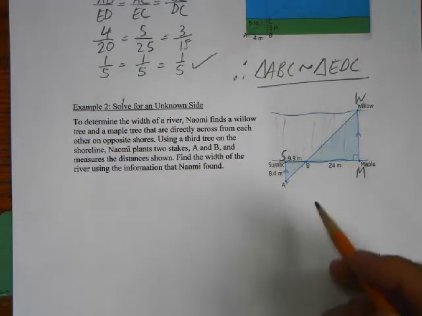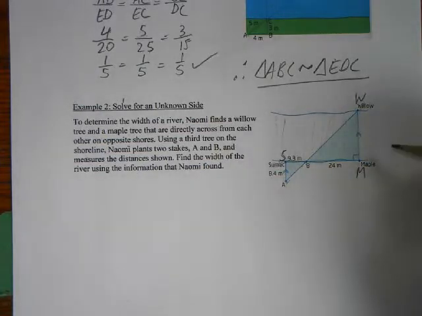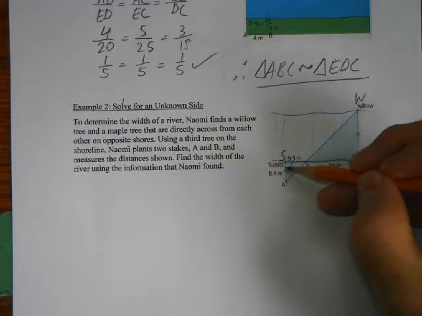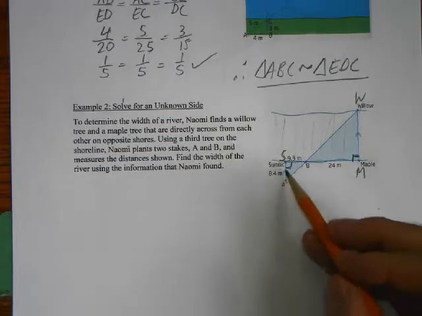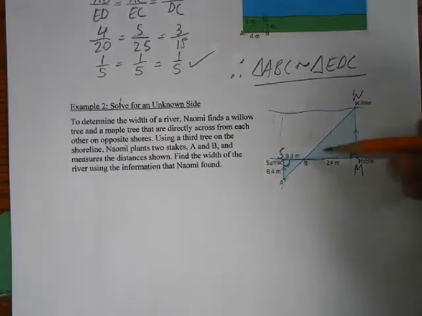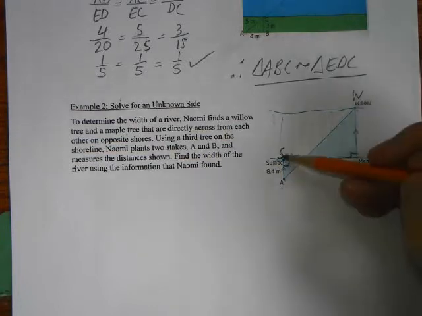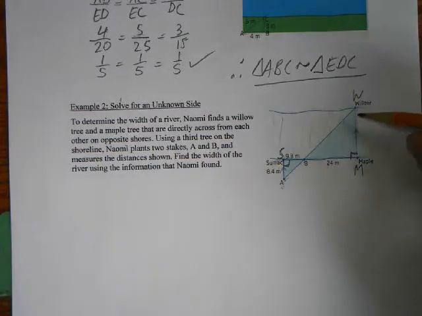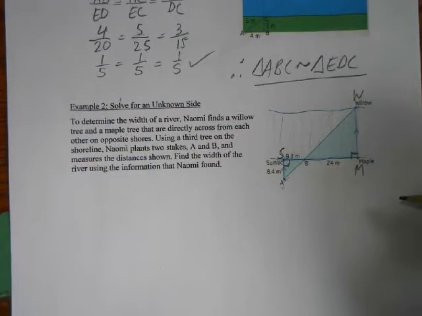In terms of the other important thing here, this is a 90-degree angle, and so is that, because she positioned that post so that it was 90. And the other thing is, since these are both 90, then these two lines are perpendicular. This is going to be important in a second.